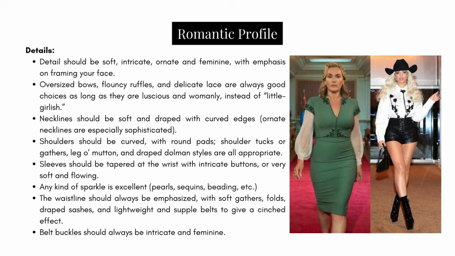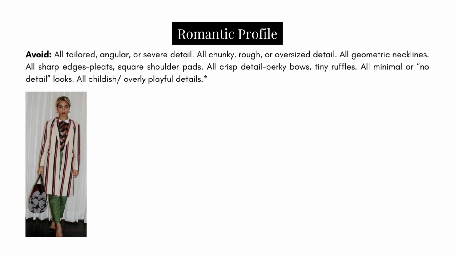They both look great. Avoid all tailored, angular, or severe detail. So in this look, Beyonce is wearing a tailored pant and coat. And what I see really is just a lot of straight lines, a lot of angularity, and a lot of sharpness.